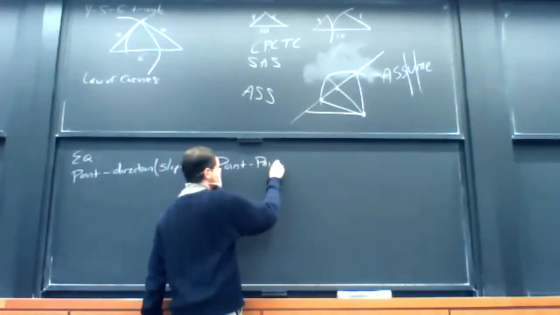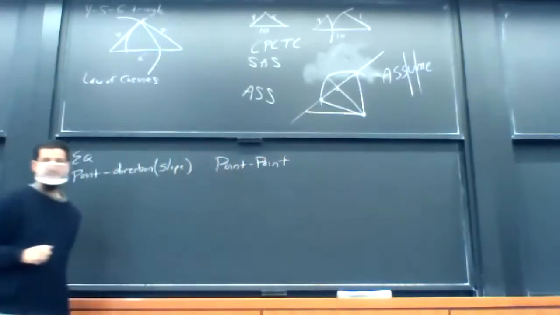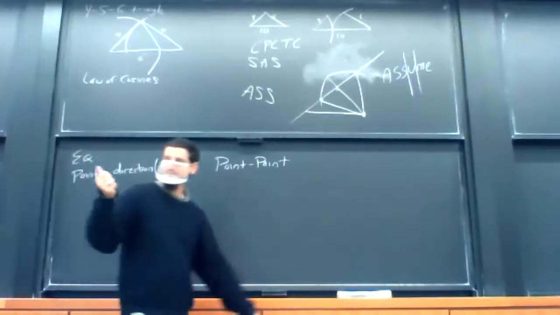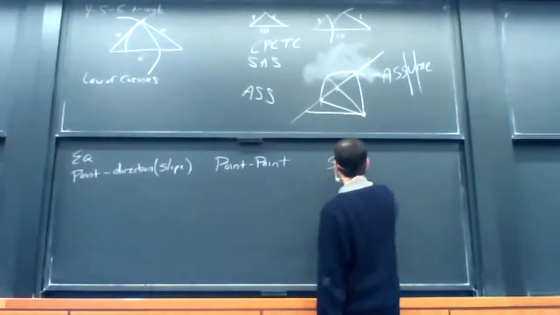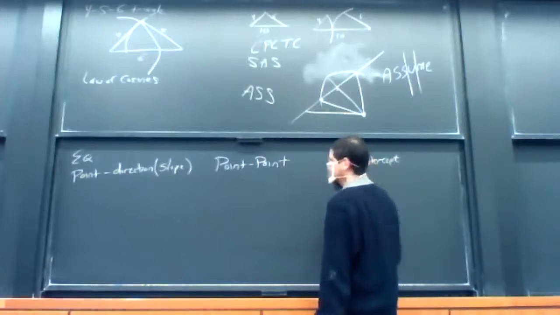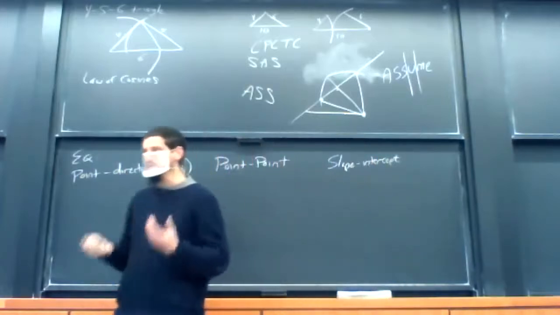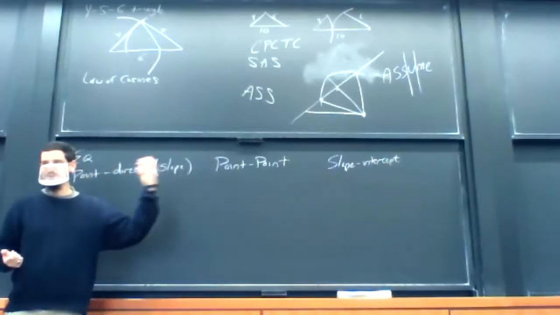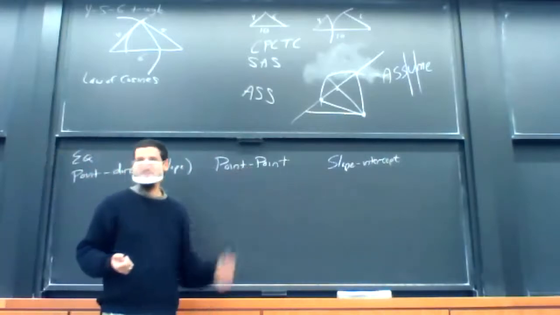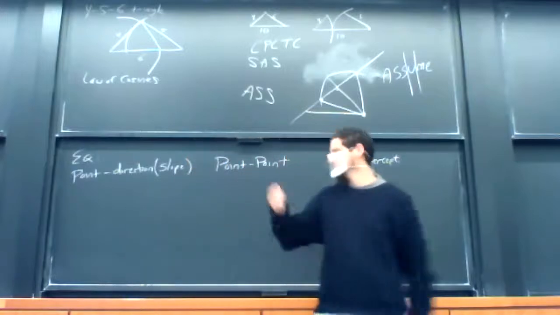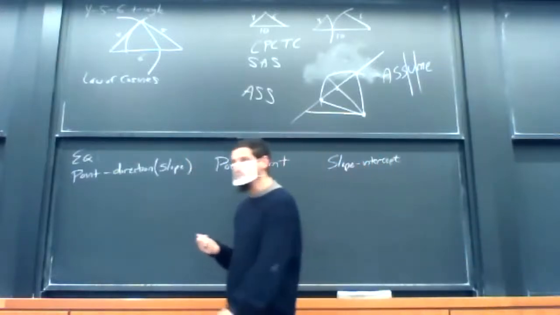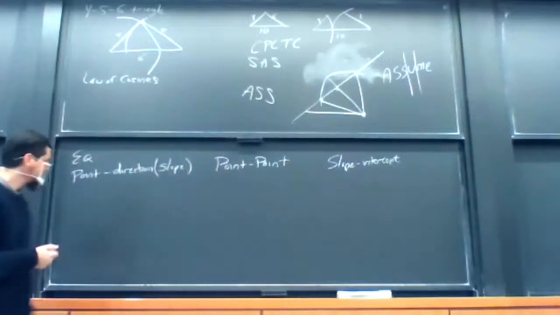So one point, and there's one other way. Slope intercept. If I give you the slope and the intercept, which one of the three do you want to use? Yeah, slope intercept. If I give you 2 points, which one do you want? Point. So depending on what information I give you, sometimes one is more convenient than the other.